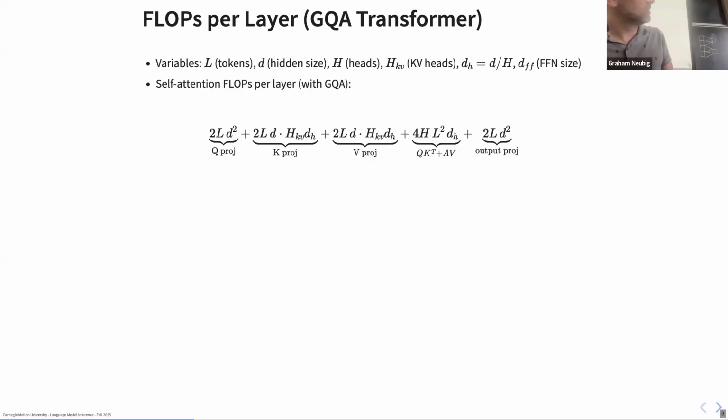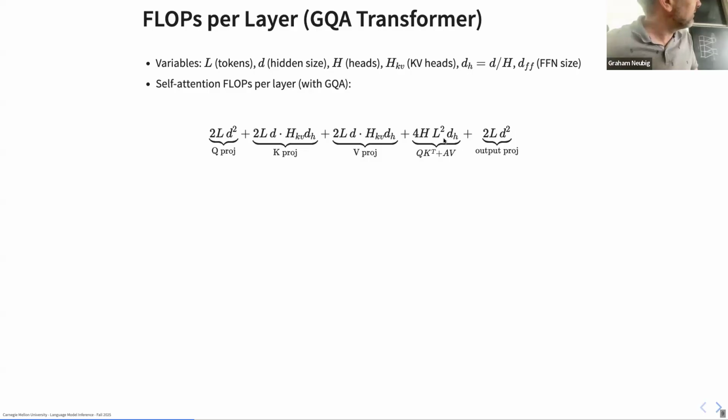What this entails in self-attention is, first, you calculate the projection of the queries, and this costs the full compute because you're calculating it for every head. But for the key and value projections, you calculate less because you're grouping them together.